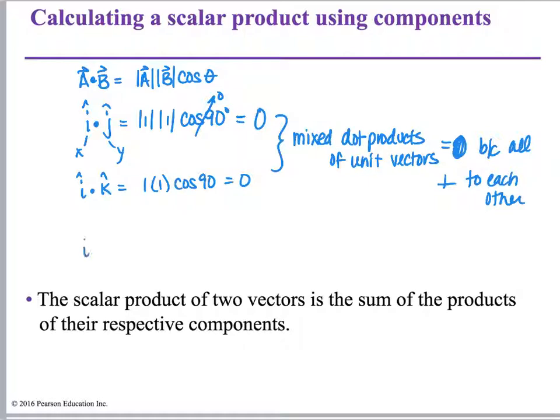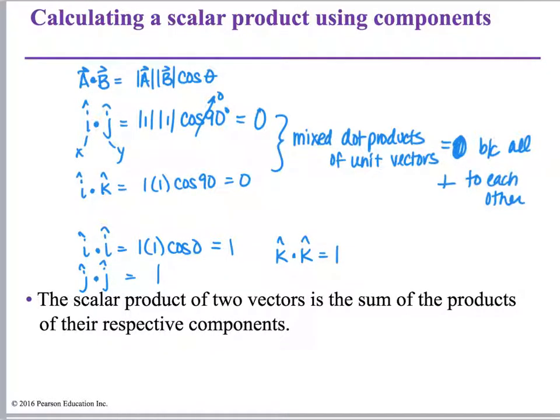But if I do I dot I, I get 1 times the cosine of 0. I just get 1. And the same thing happens if I do J dot J. I get 1. And K dot K equals 1.